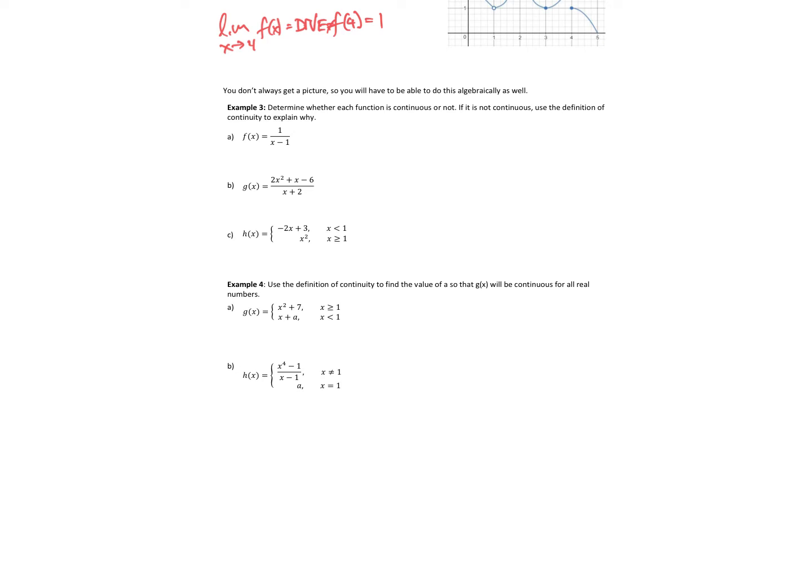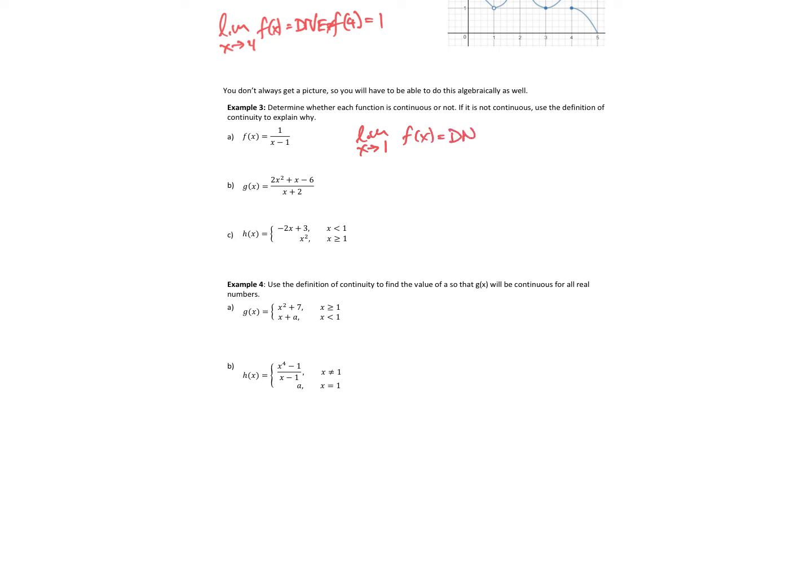All right, so let's look at A. Where might this function break? At x equals 1. All right. So at x equals 1, my function might break because what am I going to get? A vertical asymptote. I'm going to get a number over 0. You following me? So what is my limit as x approaches 1 of this function?